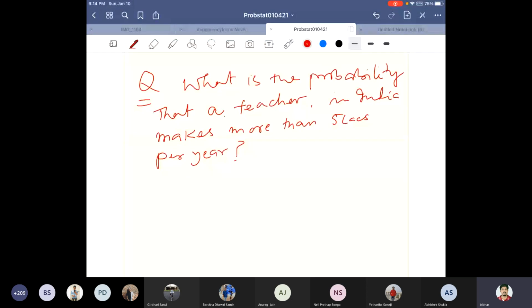What is the probability that a teacher in India makes more than 5 lakhs per year?